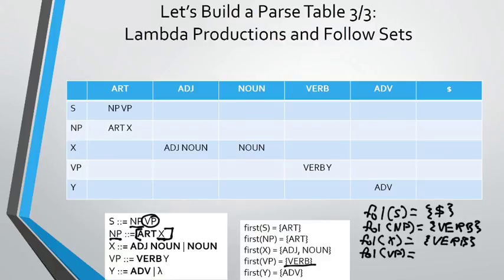If we look for verb phrase in the grammar, I'm going to clean this up a little bit over here. Again, we see verb phrase only shows up in one place, and it's on the tail end of this particular production. So, does it have anything following it? Well, yes.